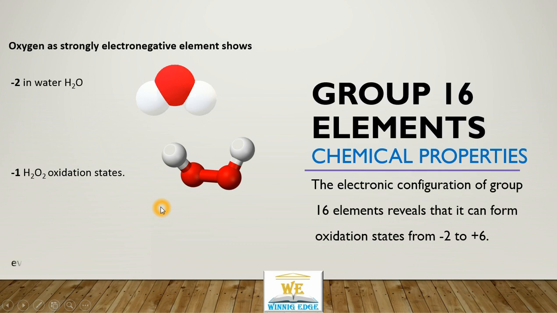It also shows positive oxidation states when it is bonded to a more electronegative element, that is fluorine. So oxygen difluoride shows a +2 oxidation state for the oxygen atom.